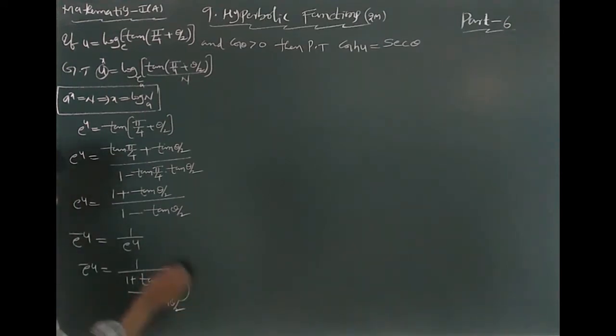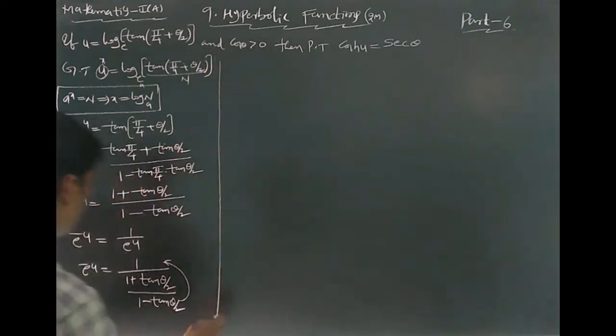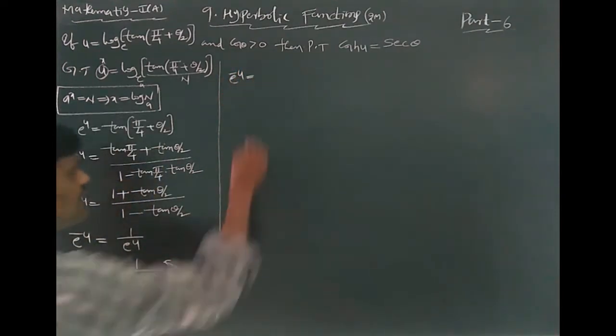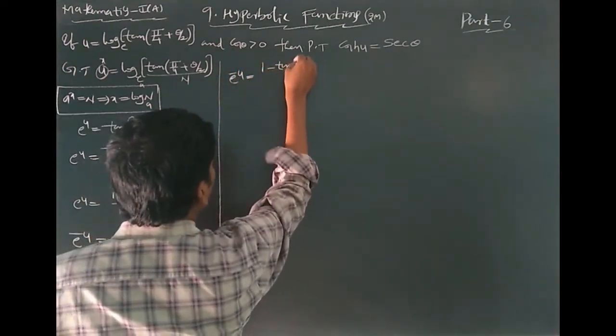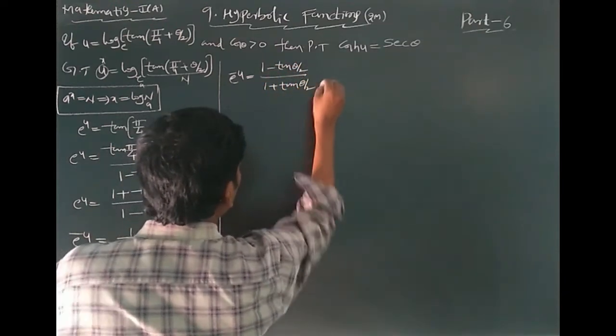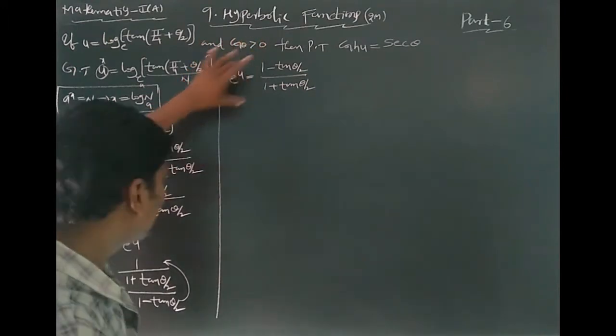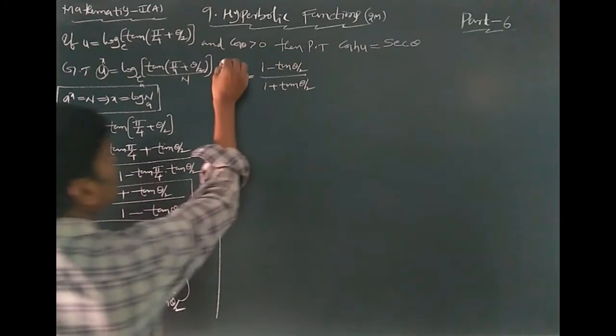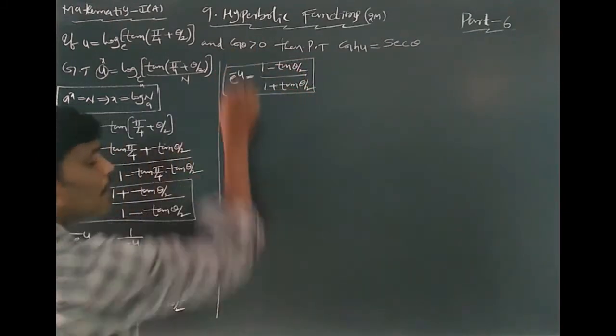In this way you can simplify, students. So e power minus u is equal to, the denominator goes to the numerator, 1 minus tan theta by 2 by 1 plus tan theta by 2. This is the value of e power minus u, and this is the value of e power u.